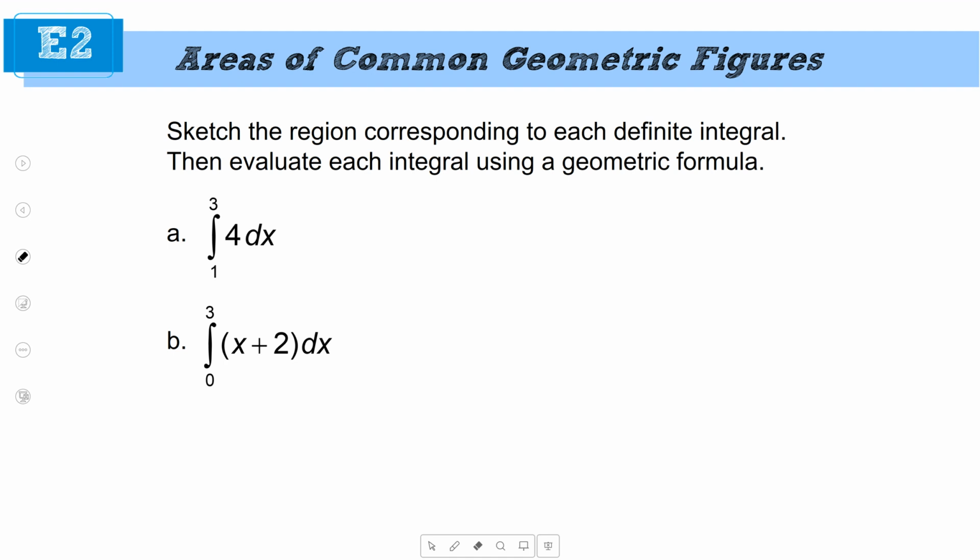We got this. Four is an actual function, people. Yes, it is.